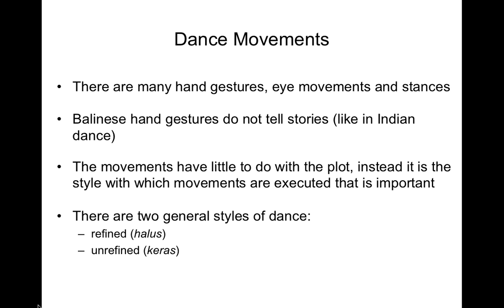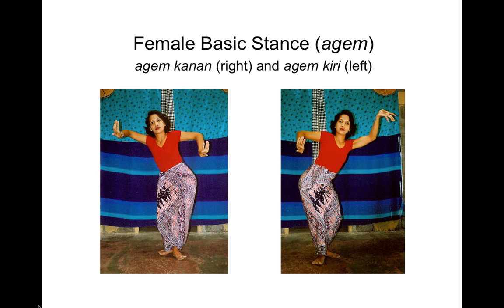So let's now begin to talk about some of these movements in Balinese dance and why they're particular to this performance form. Well, the basic movement in Balinese dance is an asymmetrical stance known as the agam. There's a male and a female agam, and on the screen there's pictures of the female agam.